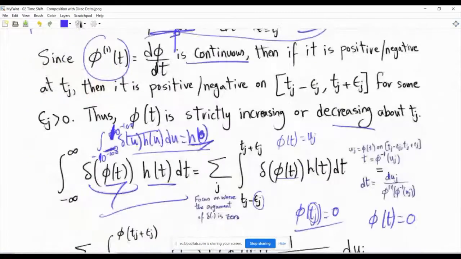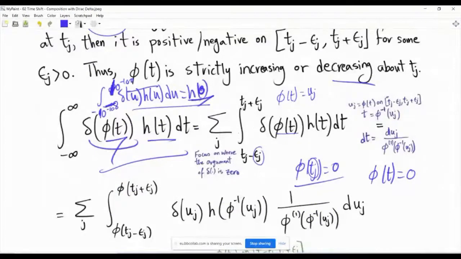I am doing the exact same thing here. The difference is that we don't necessarily have phi of t equal to 0 at one value of t. We will assume that it can be equal to 0 at multiple values of t.